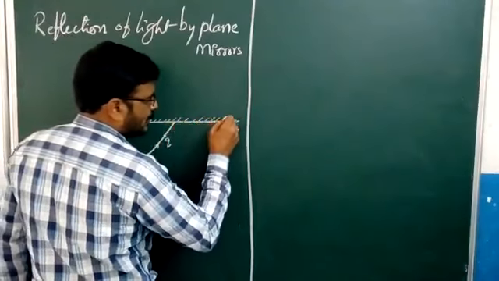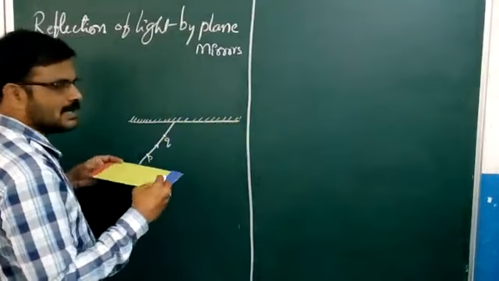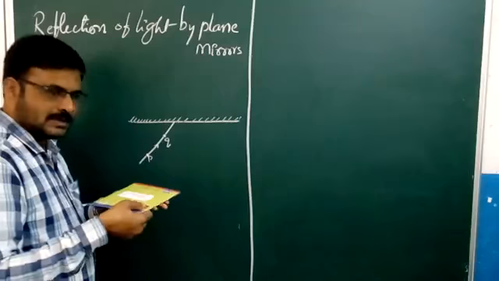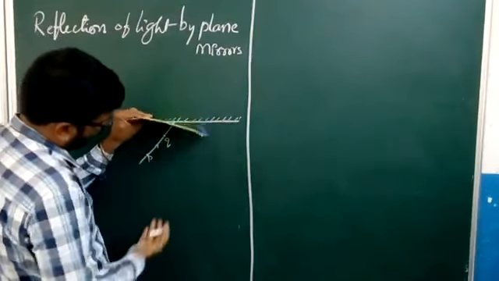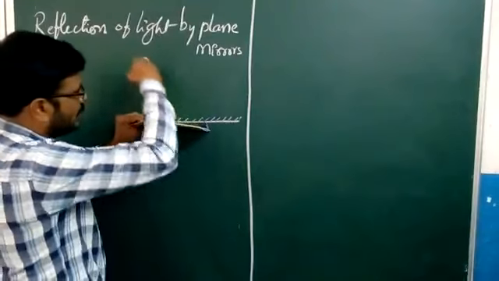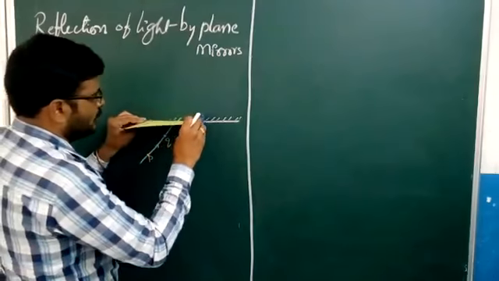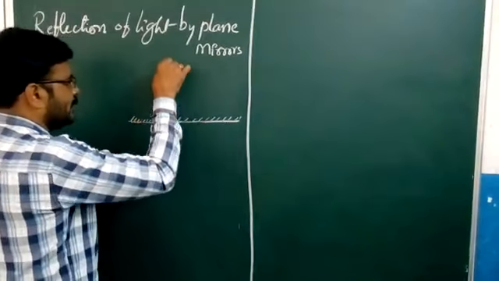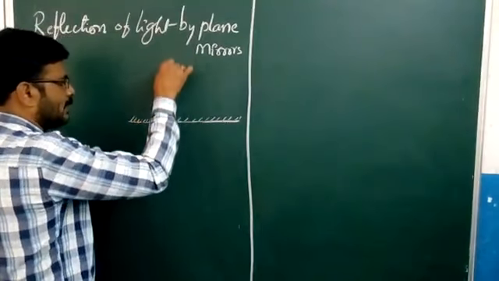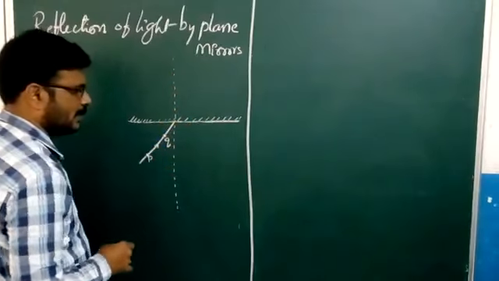This is your mirror, placed along this line. When you view it from below, you can see these P and Q points. You can draw a perpendicular line before placing the mirror, and this is your normal.